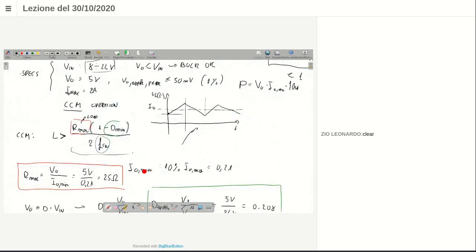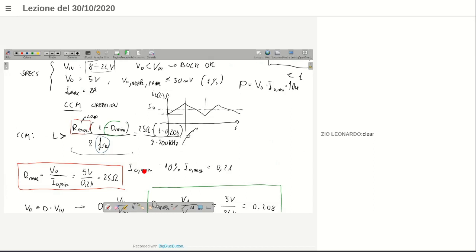If we put all together in our expression here, what do we get? We get that the inductance should be larger than 25 ohm times (1 minus 0.208) over 2 times 200 kilohertz.